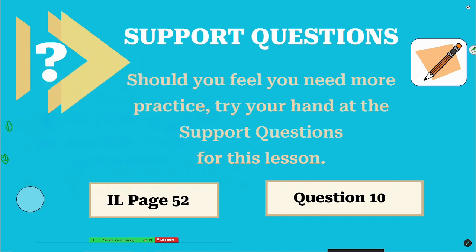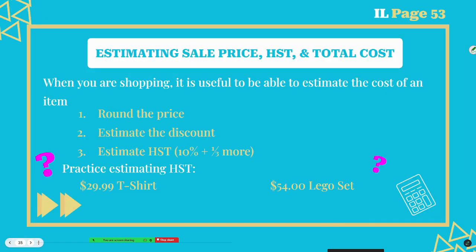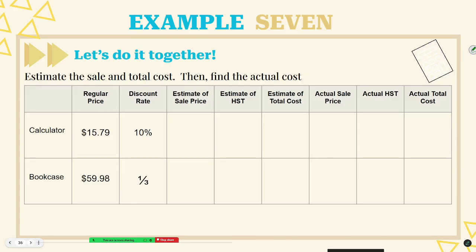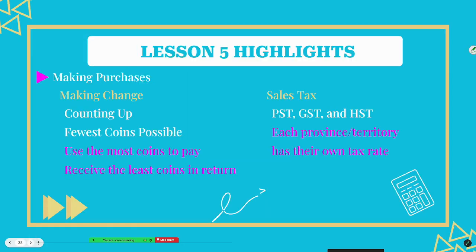Check the support question answers in the back. When you're on the right track and you're feeling confident, go ahead and try those key questions. If you're still unsure, you can go back and watch the recording again, or you can reach out to me if you have any other questions.